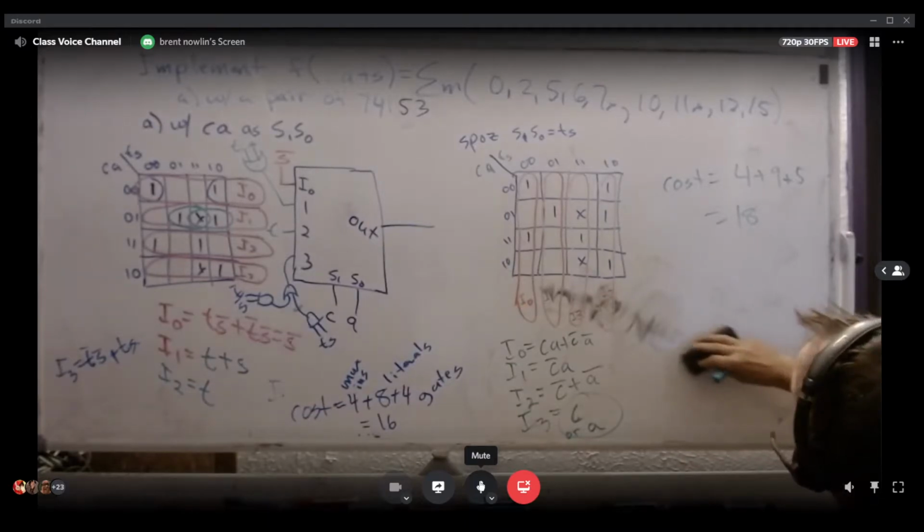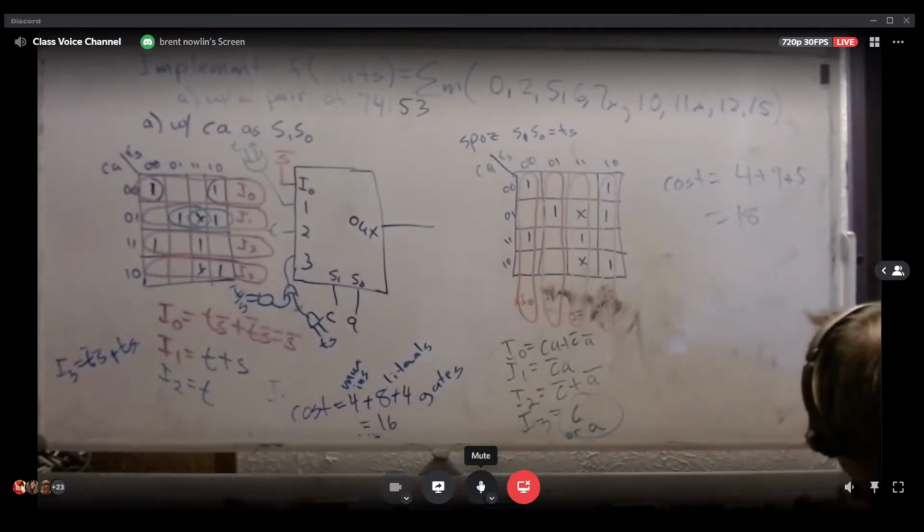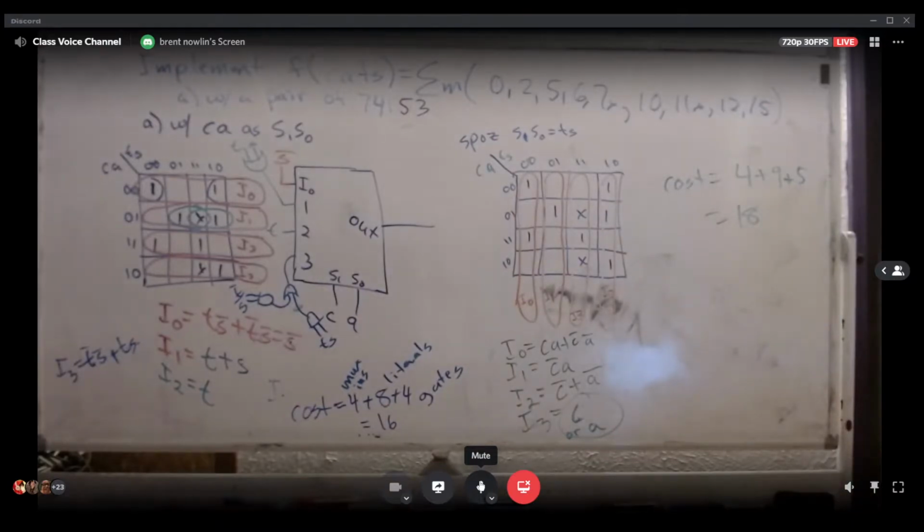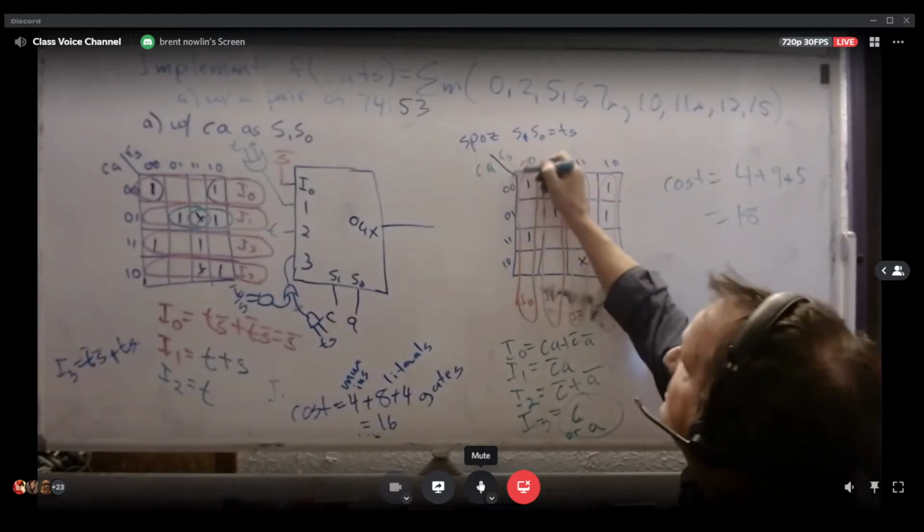Absolutely, you can do that, but you have to be careful. You have to make sure that you get the minterms placed in the right spots if you start messing around with this.